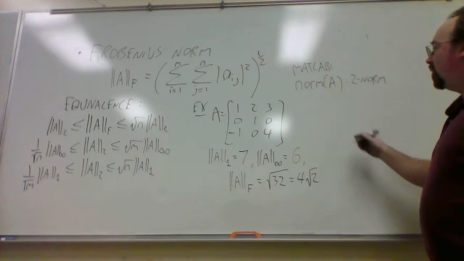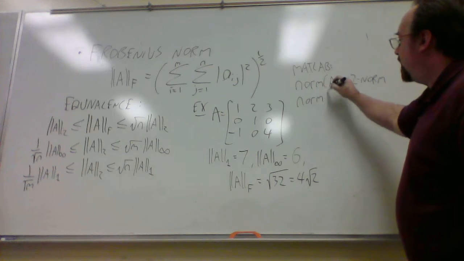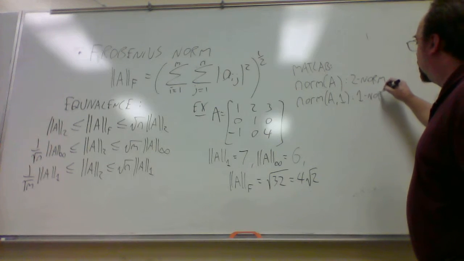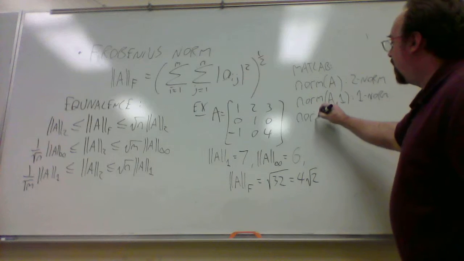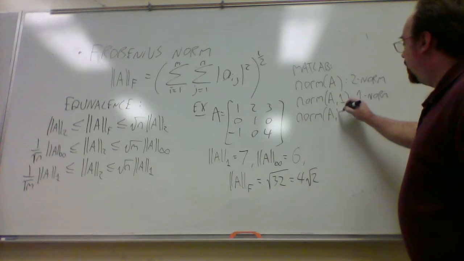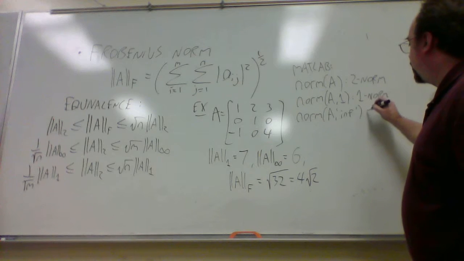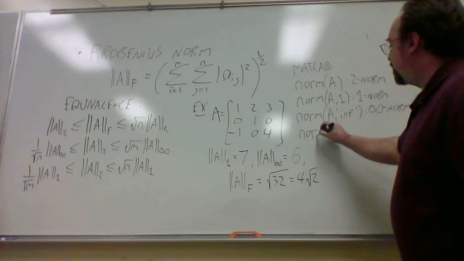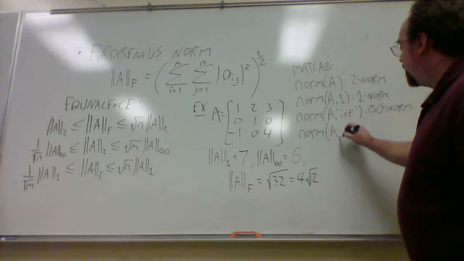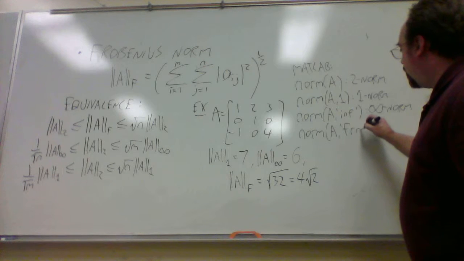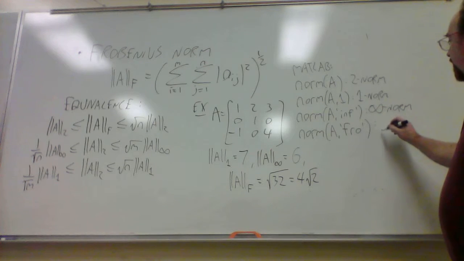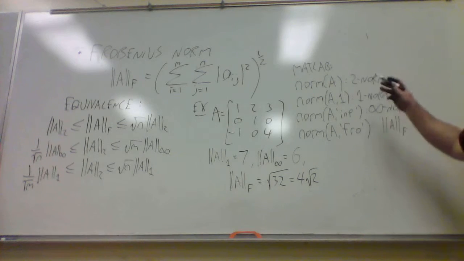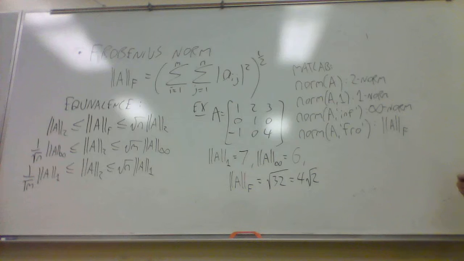But if you want to use other norms, you can specify using a second argument. First I could do A, 1 to get the 1 norm. If you want the infinity norm, you do inf in single quotes. And finally, if you want the Frobenius norm, you do fro. So that's how you can get the norms of interest.